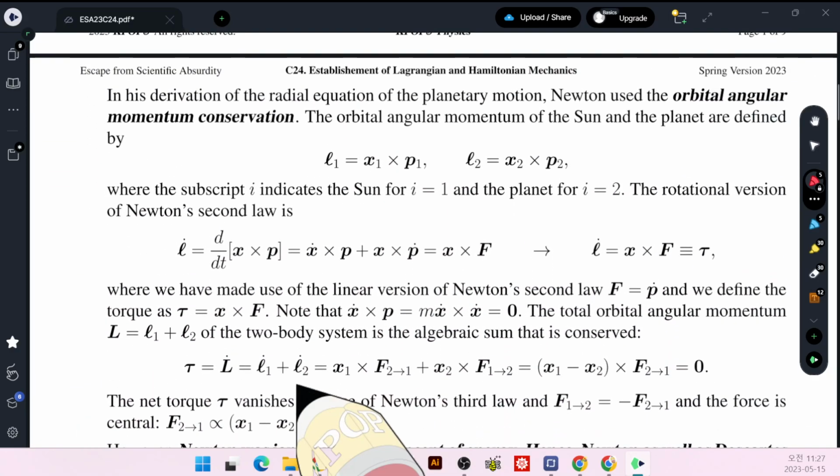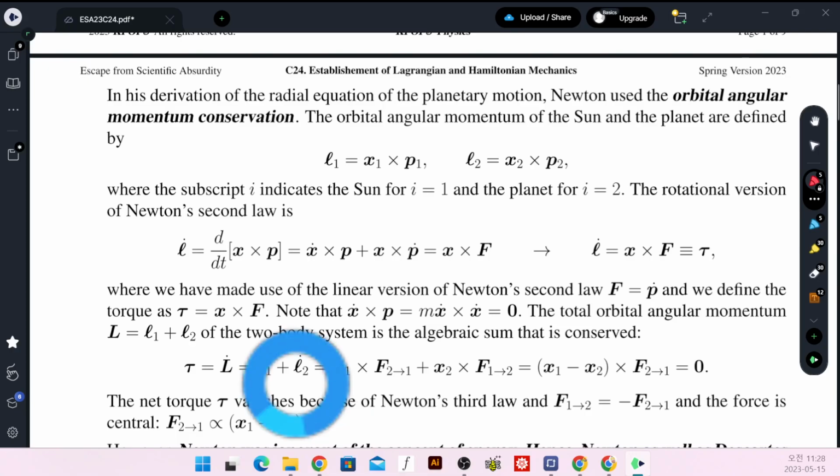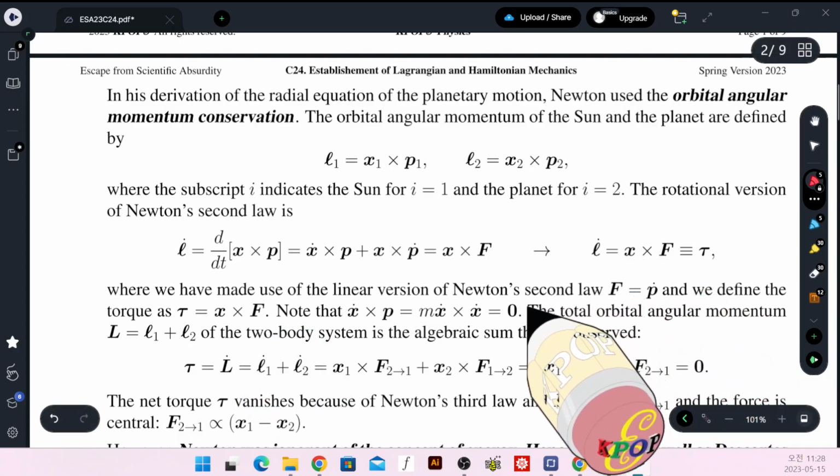In addition, we have another version of Newton's second law, the rotational version, and we can generalize the idea of linear momentum to the orbital angular momentum to consider the rotation of a system.